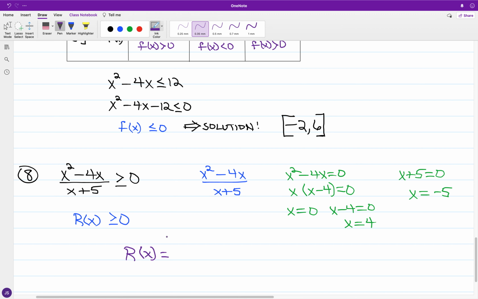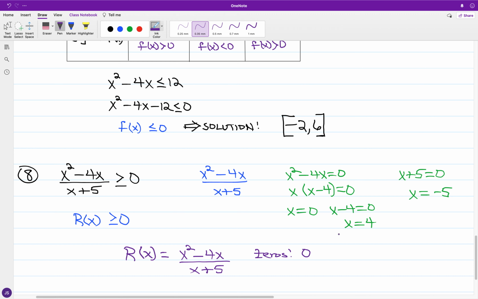So again, we have r of x equal to x squared minus 4x all over x plus 5. Now for the zeros from the numerator, we have 0 and 4 from the numerator factors, and you can have a 0 numerator as long as you do not have a 0 denominator.